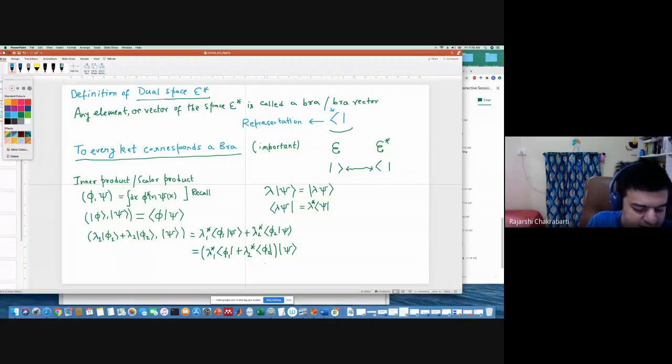Now what does it essentially tell you? It tells you that if I take a scalar product between this bra and phi, there is a correspondence between this quantity lambda 1 psi 1 plus lambda 2 psi 2, and lambda 1 star psi 1 plus lambda 2 star psi 2.